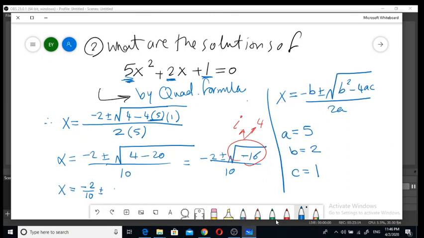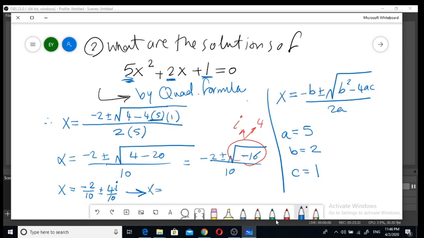So we have 4i over 10. Then we have two solutions, and we can simplify 2 with 10. It will be 1 over 5.